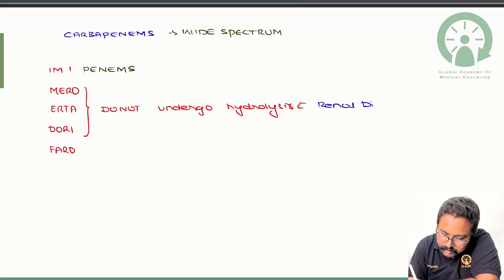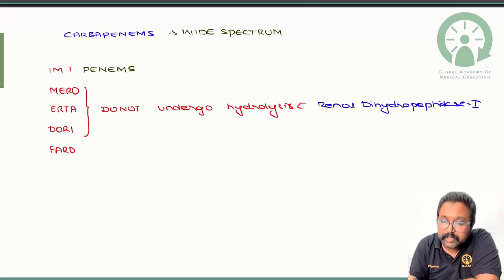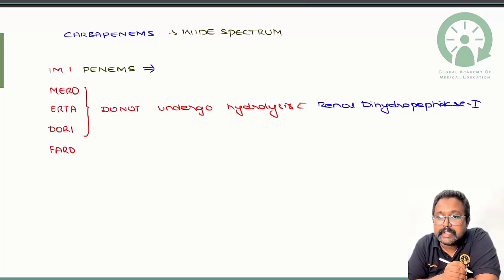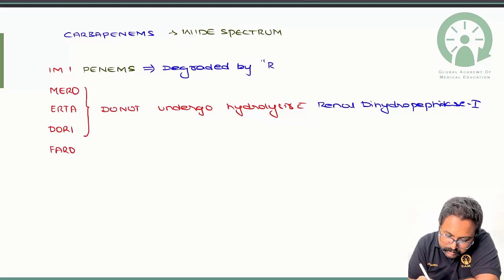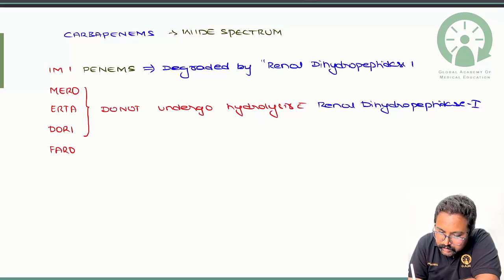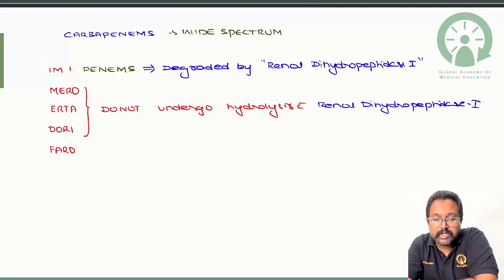Renal dihydropeptidase 1. But imipenem will be degraded by the renal dihydropeptidase 1 enzyme. So thereby what happens?